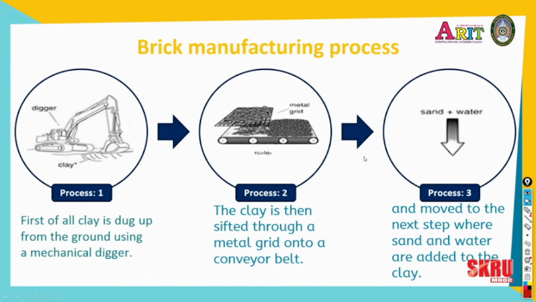You notice that this is a high level. There's a lot of information missing here. We don't know how big the grid is or why we're using it. Is it to remove rocks or to break up the clay? We don't know. When we add the sand and water, do we add equal amounts?